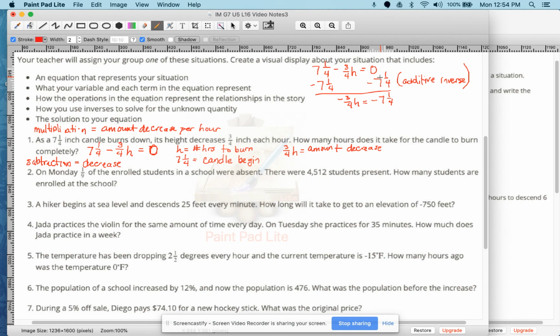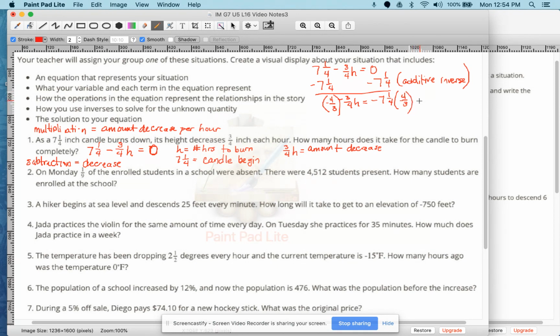The next inverse I'm going to use is the multiplicative inverse of this negative 3/4. And you guys know that as a reciprocal. So I'm going to multiply by the opposite, which is negative 4/3. And this is going to be multiplied by negative 4/3.